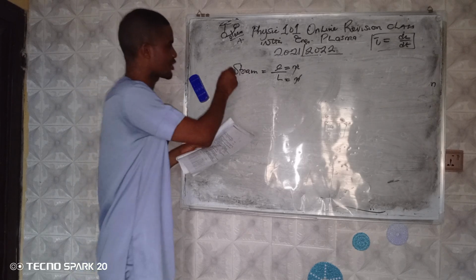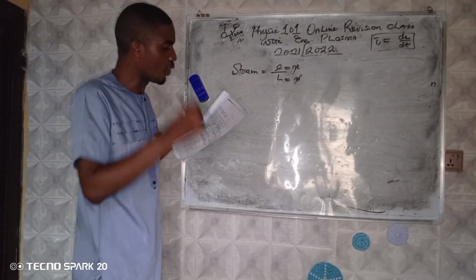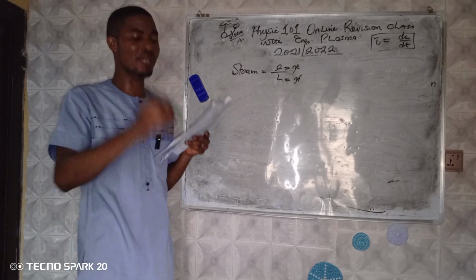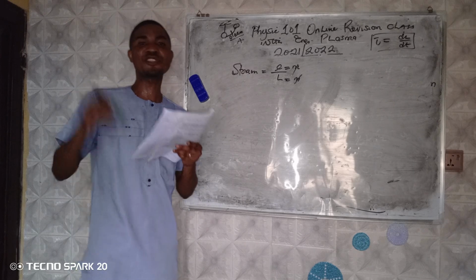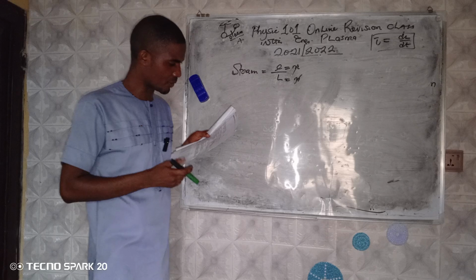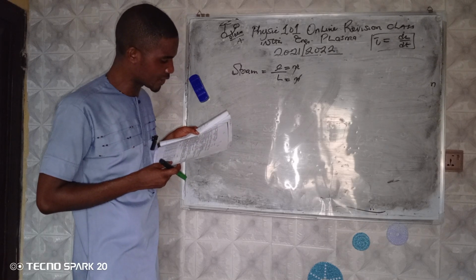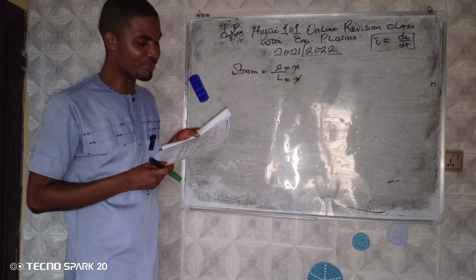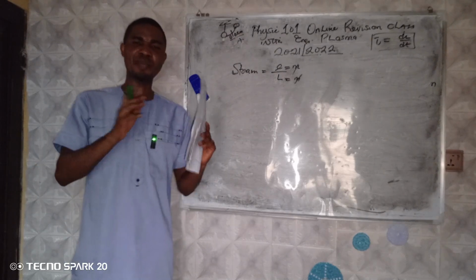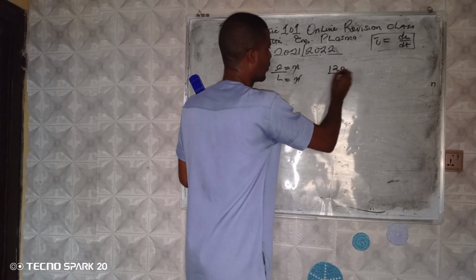Tensile strain has no unit, so it may not have dimension. Volume has unit, so it will have dimension. Mass has unit, so it will have dimension. The answer to that question is strain, option B. Question 20, the standard blood pressure of a normal man is, remember in part 1 of this class, we said it is 120 over 80.